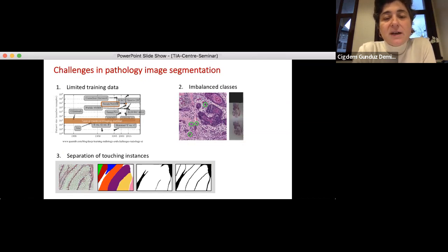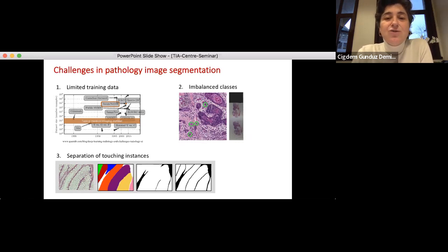Of course, there could be other challenges according to the application. So for example, we may face the class imbalance problem for the application of detecting tumor buds, because the number of tumor bud pixels is much smaller than the number of non-tumor pixels. Or as another example, for instance segmentation problem, we may encounter the difficulty of identifying boundary pixels of the touching instances.